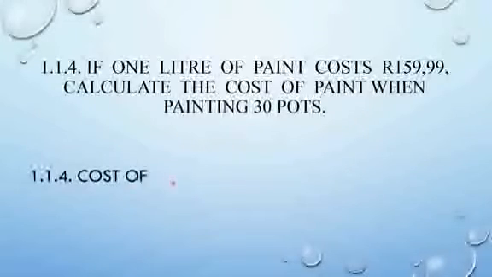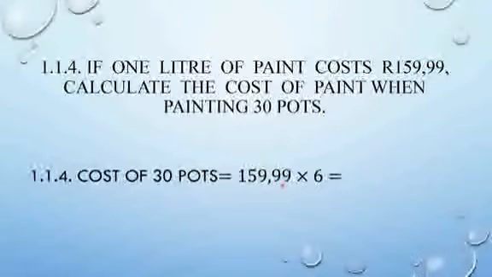The cost of 30 pots will be, you will take 159 rand, the price of 1 liter, and multiply by 6 liters. Remember, 6 liters is required to paint 30 pots. So you multiply it by 6 and the cost will be 959 rand 94 cents.